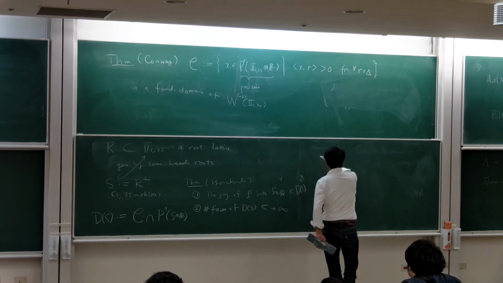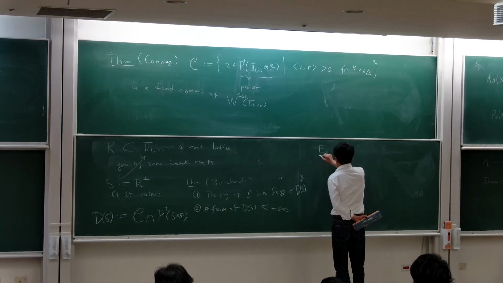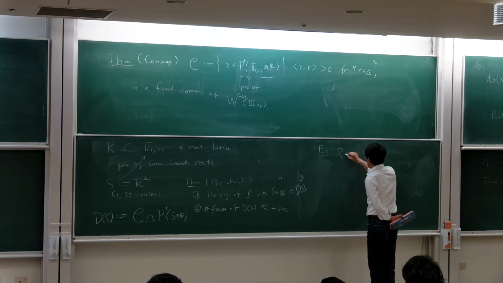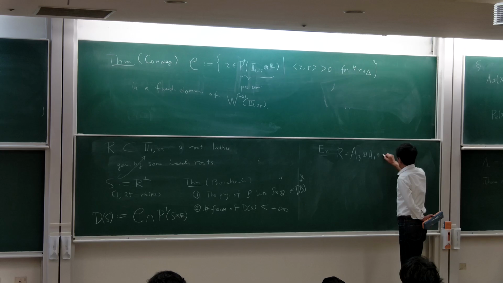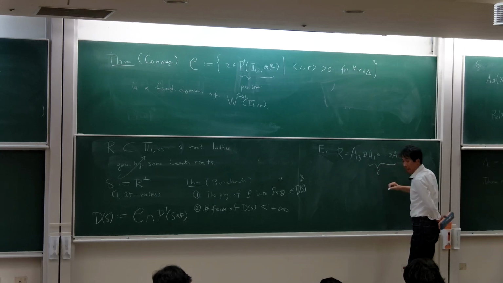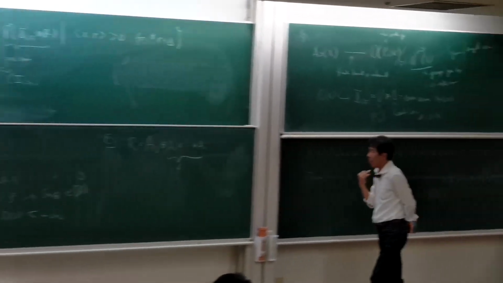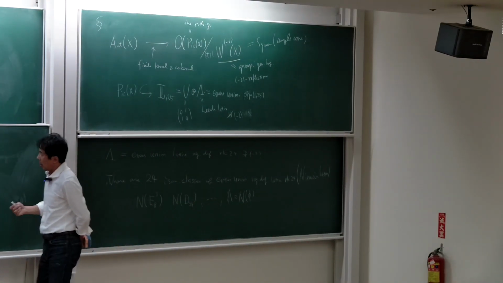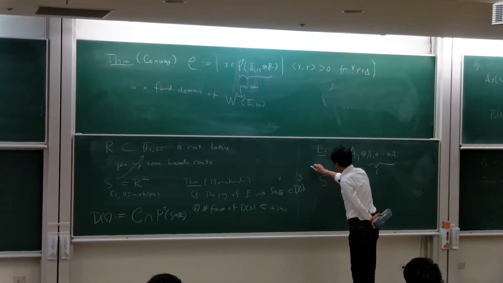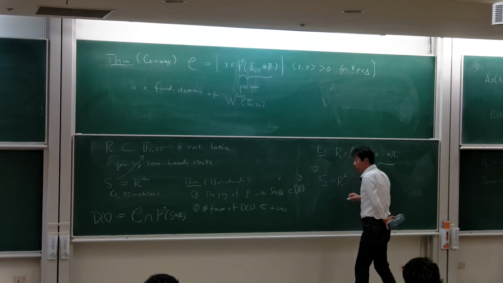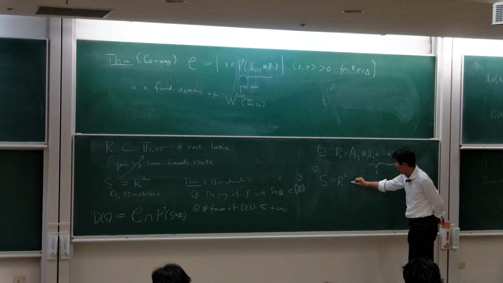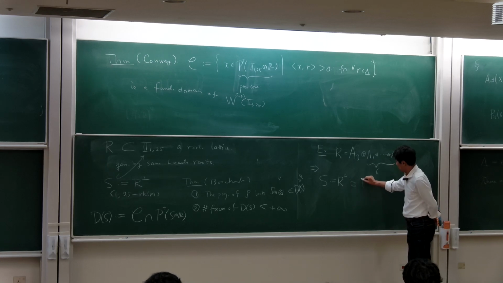Now consider the example. R is A3 plus A1, six copies. And then the orthogonal complement is isomorphic to the Picard lattice of the general Kummer.